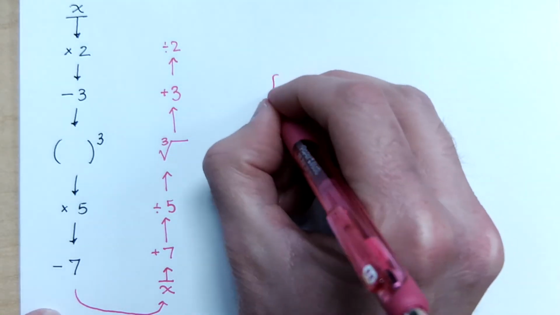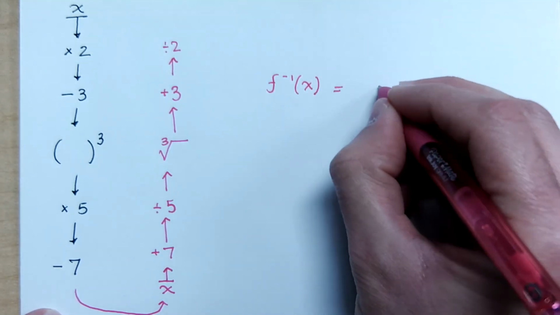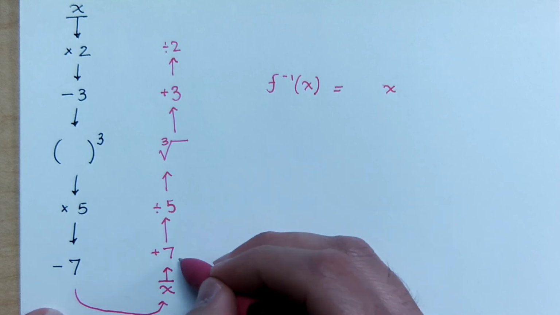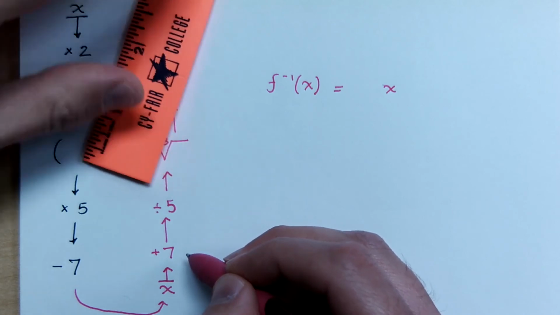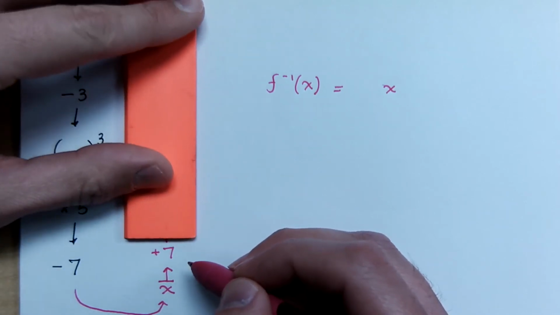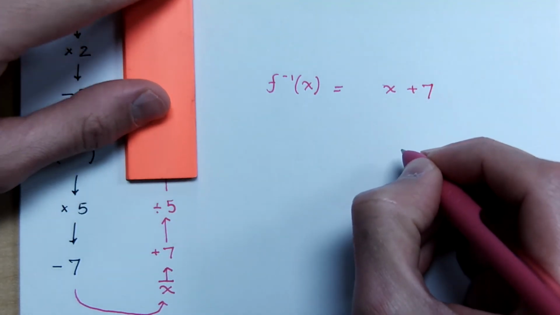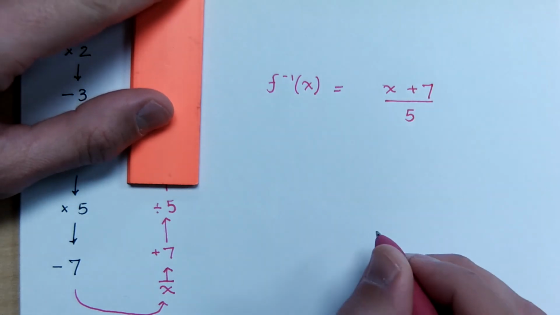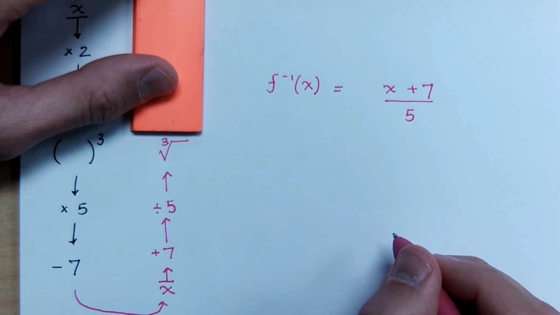So let's start with this x and see where we go from it. I'm going to make sure I have x over here, so I have enough room. And what do I do with the x? You would add 7. So the first thing is I'm going to add 7, and then the next step is to divide this expression by 5, right? The next step is to do what? Take the whole quantity to the cube root.